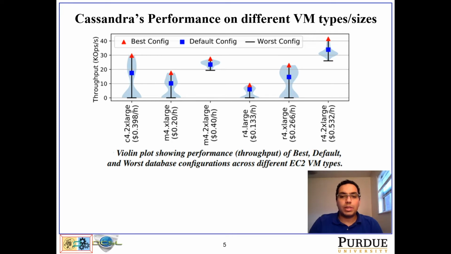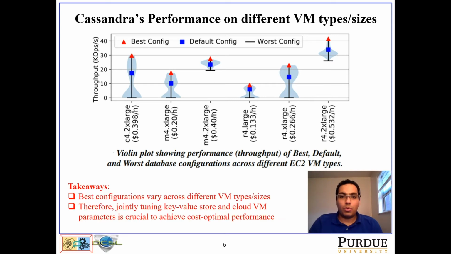We show the performance in terms of throughput on the y-axis for the best, the default, and the worst configuration. We see a big variance in performance with respect to the database configuration, by up to 74% better performance over default configurations. Moreover, the best configuration for every VM type and size is different. Therefore, jointly tuning the configuration parameters of the database with the VM type and size is crucial to achieve optimized performance.